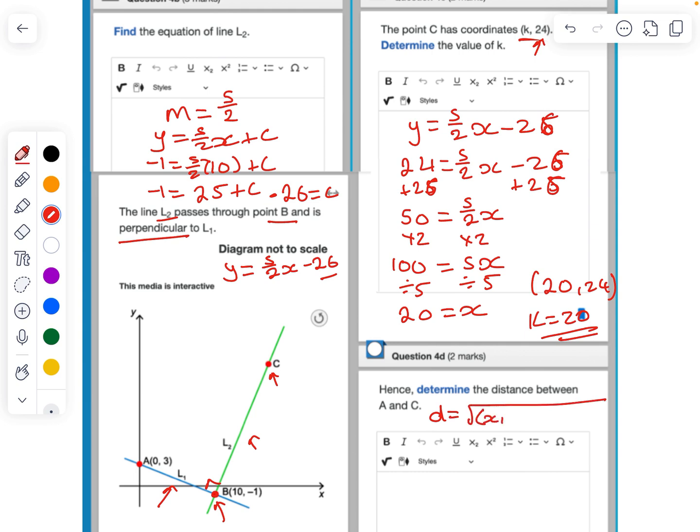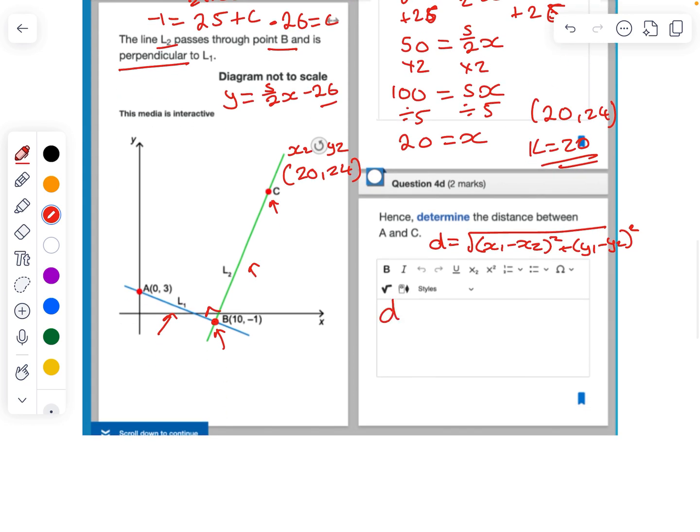Then the next question says, can we find the distance? You are given the distance formula in the formula booklet, and it's the square root of x1 minus x2 squared plus y1 minus y2 squared. So in this question, we've just worked out that this point is 20 and 24. I'm going to call this x2 and y2. And we're going to put this into the equation, okay?